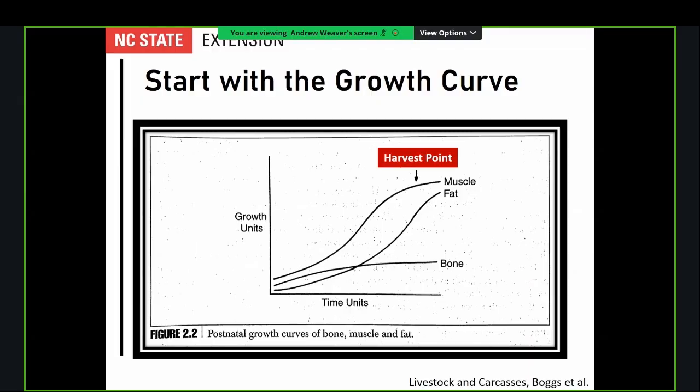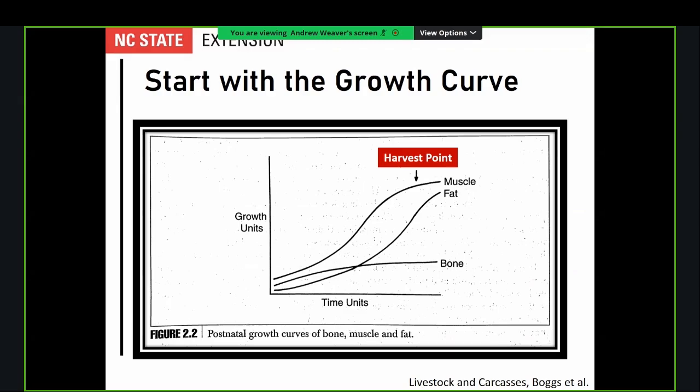This graph doesn't bring those two lines completely together, but you can imagine this graph continuing on to the right, with muscle plateauing, and we're not putting on much more muscle, and yet if we continue to feed that animal, fat will continue to accumulate, and the nutrients taken in feed will be converted to fat at that point. We want some fat from an eating quality standpoint, but we don't want too much fat, because that just turns into trimming losses that the packer or retailer has to take off before putting it in the retail case.